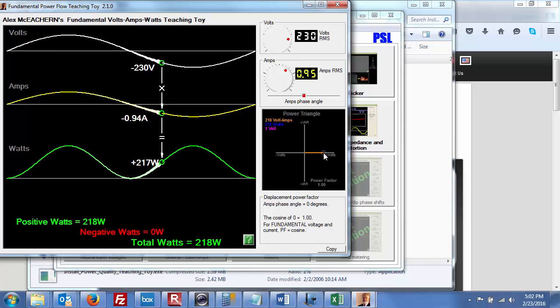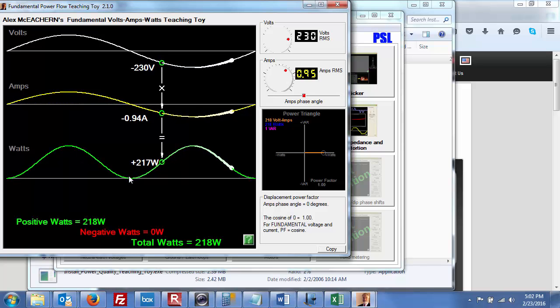So what we're looking at here is a perfect power factor where volts and amps are exactly in phase. See the two top white lines, and well, when you multiply 0 by 0, you get 0. When you multiply this peak by that peak, you get that peak.